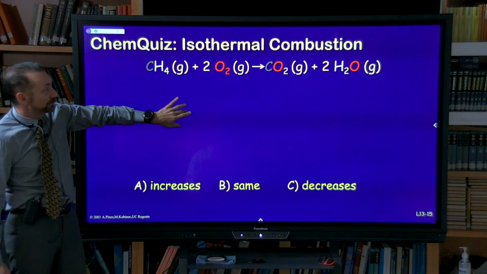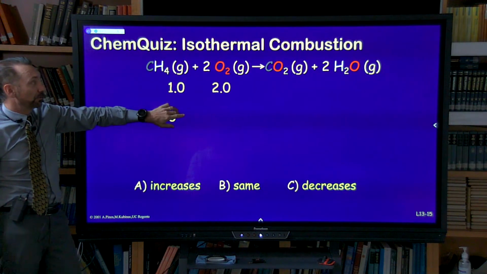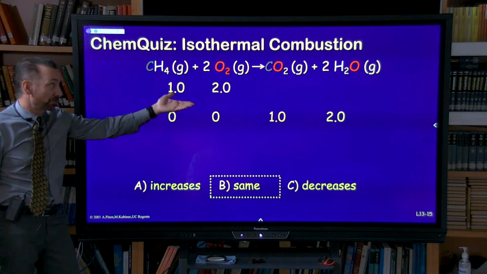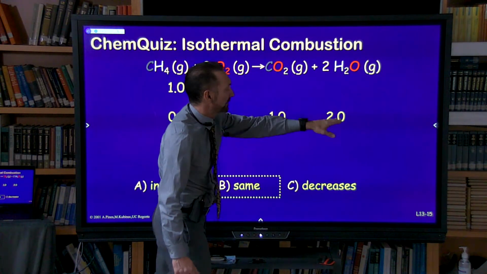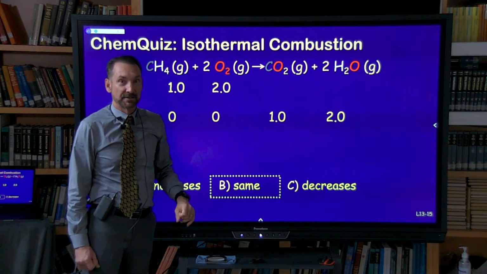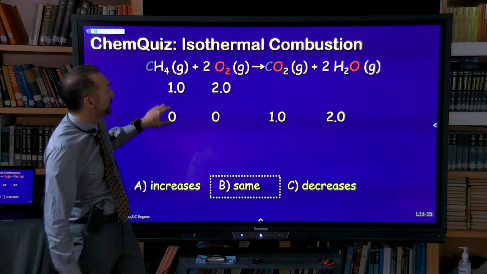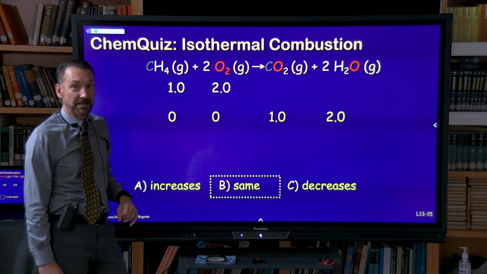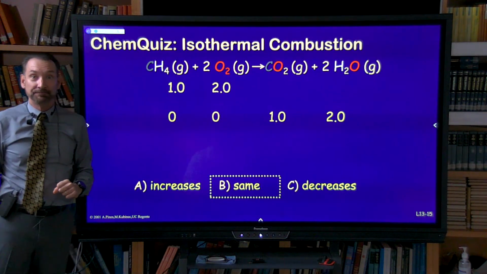So that is the appropriate ratio, molar ratio, and partial pressure ratio to react completely and give you a mole of carbon dioxide and 2 moles of water gas. So 3 moles of gas on this side, 3 moles of gas on that side. So the pressure is the same.